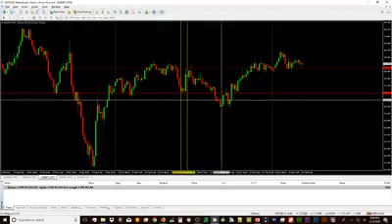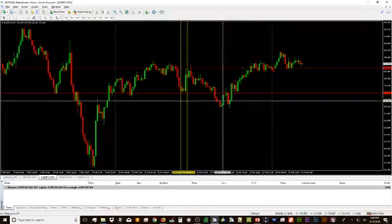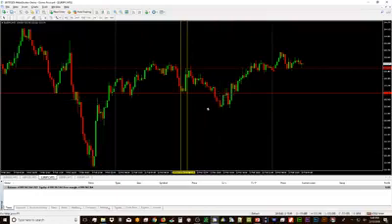Me personally, I probably would have gone when I saw that this green candle had reached here. I would have tried to jump out, grabbed 11 pips. That's fine. And then when I realized the market was going to go back up, try to ride it for whatever you can get.